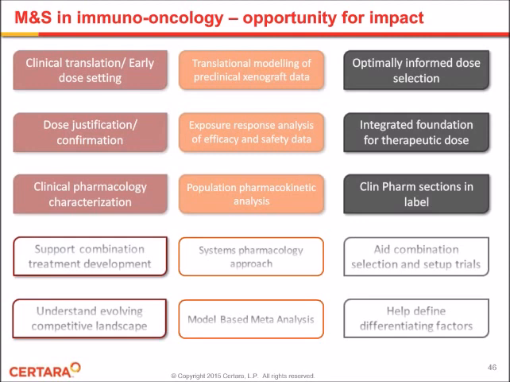Okay. Next question from the audience is about model-based meta-analysis. Are you aware of any examples of the application of model-based meta-analysis to bridge across indications in immuno-oncology? No, at this point, I'm definitely not aware of a published application of model-based meta-analysis to bridge between indications in immuno-oncology.